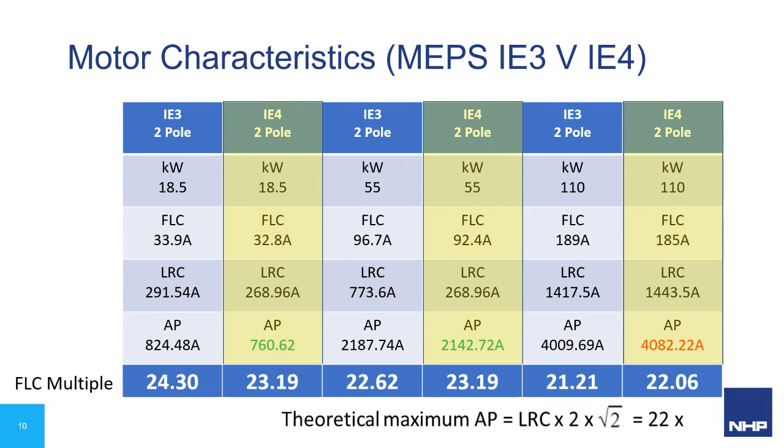Out of that data, I used only 2-pole as a worst case scenario. As we can see here, most of the numbers between IE3 and IE4 indicate that the IE4 model is actually lower in current draw in most of those cases. And all the way up to a 110 kilowatt motor, there's a major difference, albeit a small one.